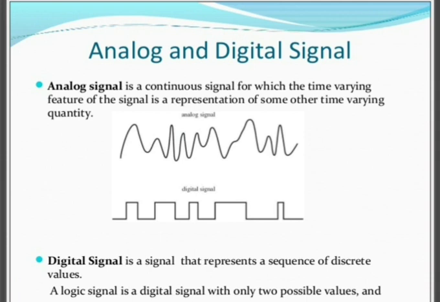A DT signal is denoted by x of n, and n is the variable which is similar to time and is used to represent a discrete signal, while x represents the shape of the signal. The DT signal is also called a sequence of samples, and this signal is obtained from a CT signal by performing sampling. The signal which is discrete in time as well as discrete in amplitude is called a digital signal.